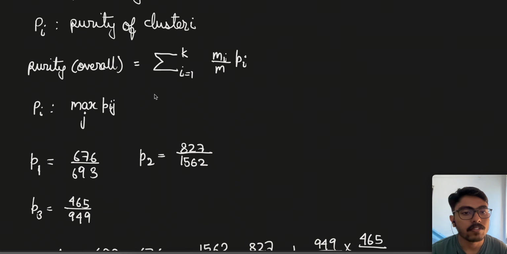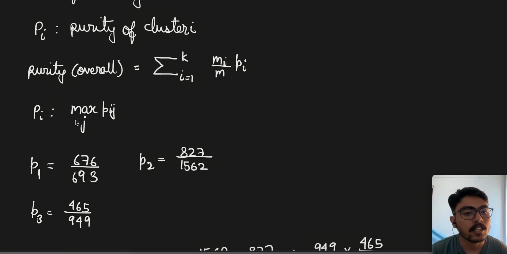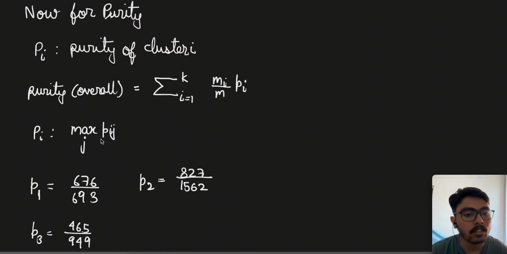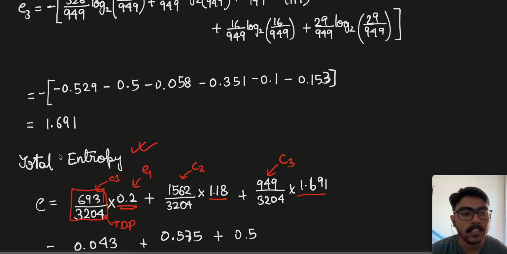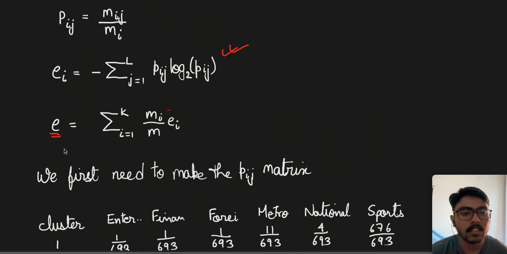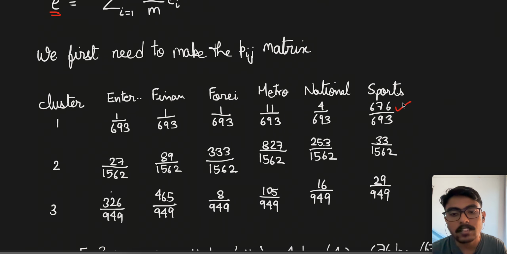We need to calculate the max of Pij. For P1, the maximum of them is this one, the maximum out of all the classes in cluster 1.